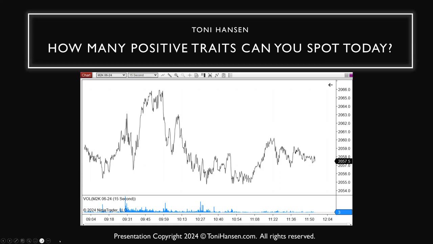And I know I'm about out of time here today, but here is a chart of our Russell. This is the mini Russell here this morning. And look at how many of these similar traits we have. We've got that momentum shift coming into play.